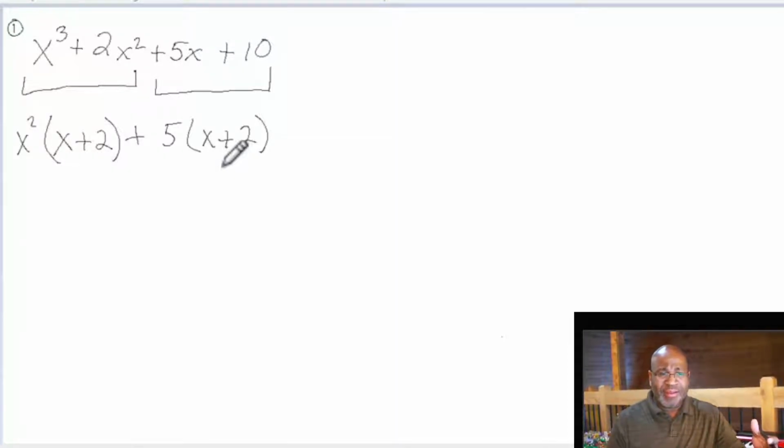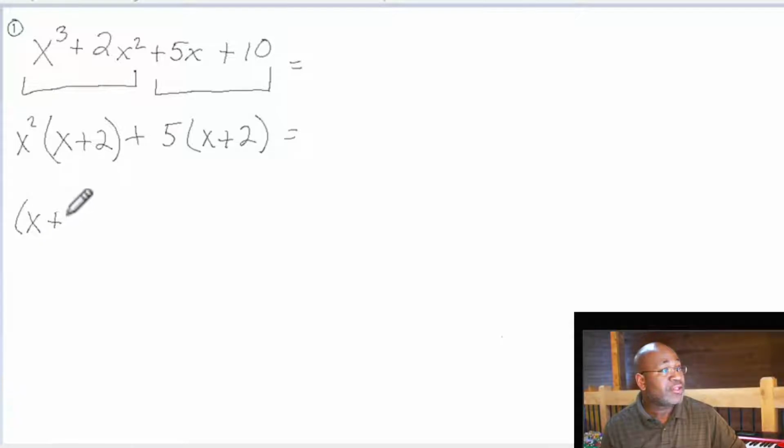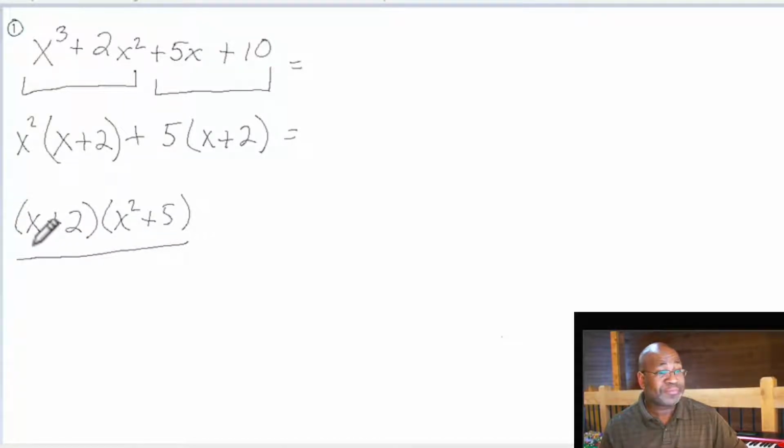So note here, we've got these 2 groups, and both of those groups have a common factor of x plus 2. So we can extract that binomial common factor, x plus 2, and then what's left over will be x squared plus 5. And there's our product, x plus 2 times x squared plus 5. And that's our factored form.